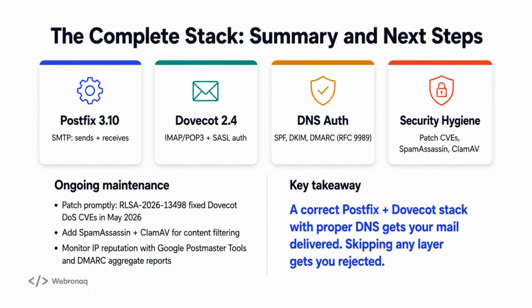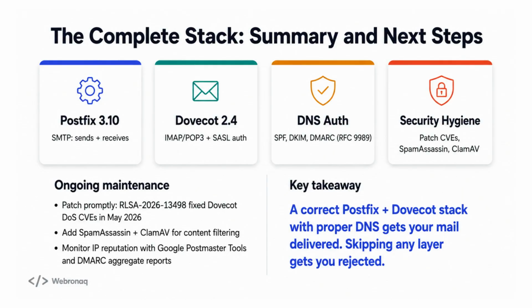In May 2026, Rocky Linux published RLSA-2026:133498, an important Dovecot security update patching denial of service vulnerabilities, CVE-2026-278557 and CVE-2026-278558. That is exactly the kind of update you need to apply promptly, because an unpatched Dovecot can be crashed by a single crafted connection.